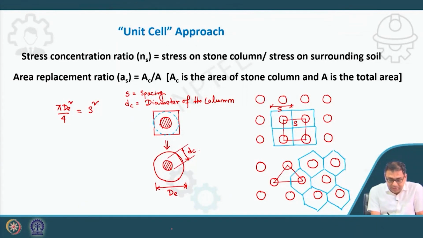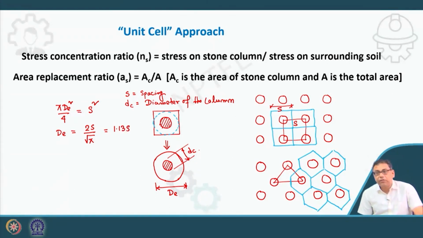Now this circle area is equal to that square area, so it is S square. We can write that DE will be 2S divided by root pi, so that will be 1.13S.